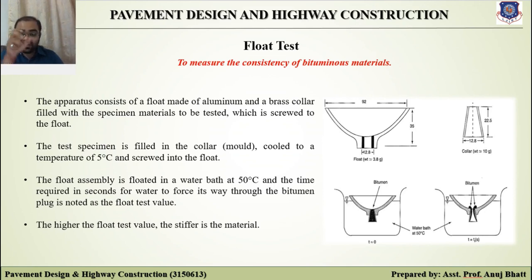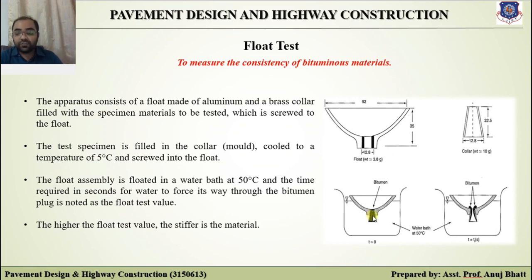The float with that mold is the float assembly. That float assembly is now floated in a water bath at a temperature of 50 degrees Celsius, and the time required in seconds for water to force its way through the bitumen plug is noted as the float test value.